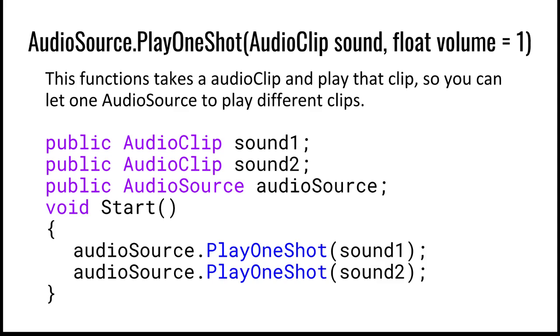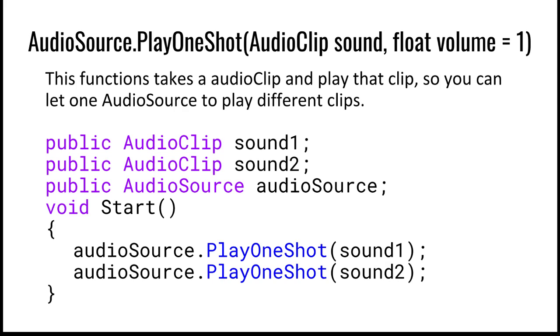You can use that function to generate multiple objects at the same time, and they will not conflict with each other. So that kind of thing is useful if you want a lot of sound effects playing at the same time, like gun sound effects, maybe footsteps, and so on.